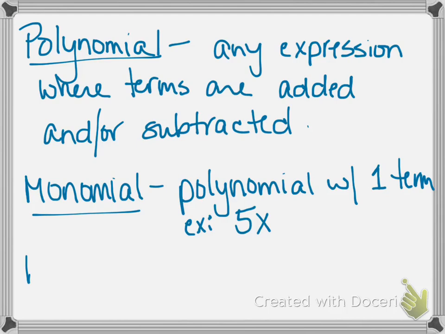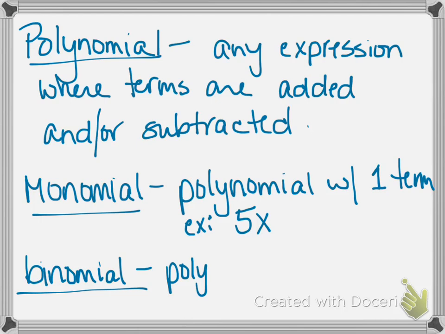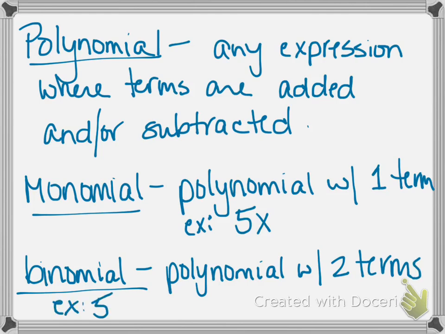So binomial. As you can see, the second half of these words, nomial, means number, and mon is 1, bi means 2, so this is a polynomial with 2 terms. An example here, we'll just add on 5x plus 3.